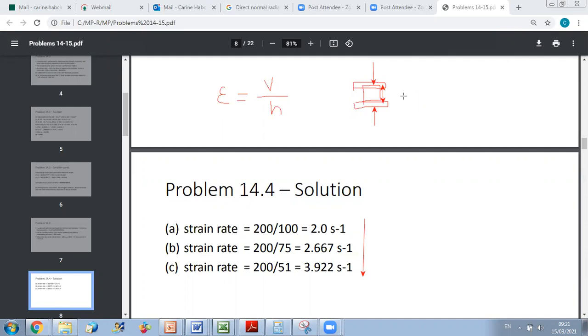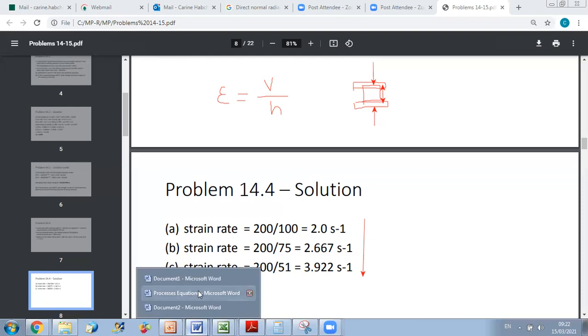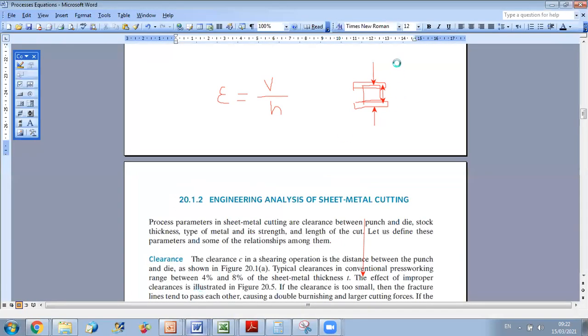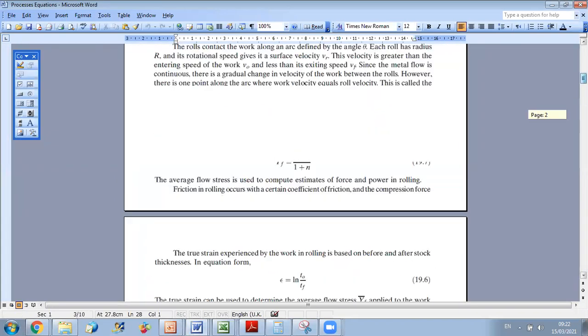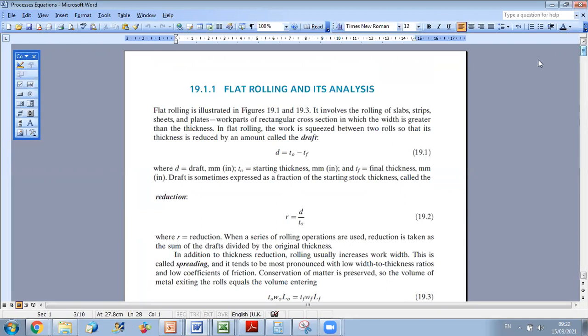In chapter 15, we will go in detail into what the different types of rolling and forging are, what machines are used, etc. But now, as a start of chapter 15, we have a part that is for problems. We will start with it together, and I will define for you the equations that will be used.